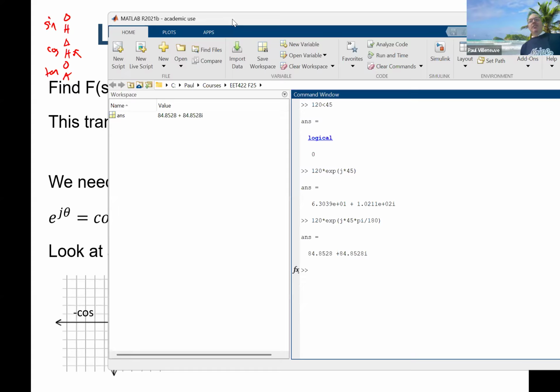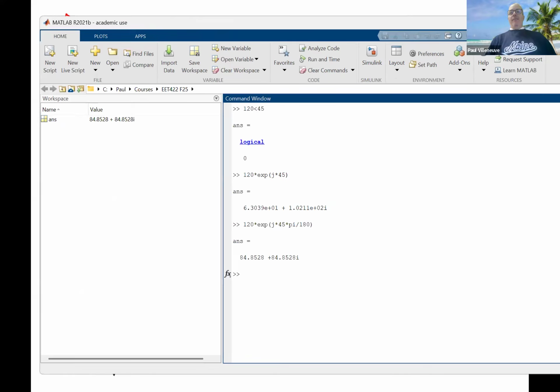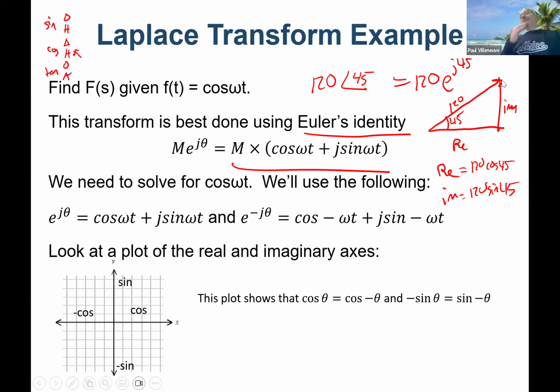You should get around 85 plus J 85. If you look at the end of my answer, you can see the I term is way at the end. It might be a little bit hard to see, but that's the J or I term. Anybody else get 85 plus J 85? Okay.